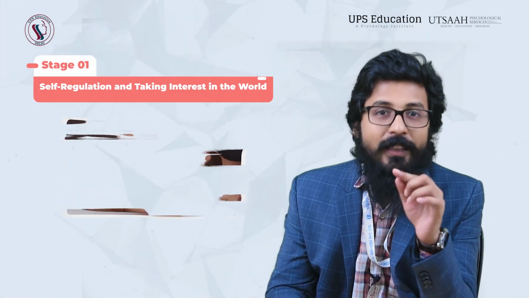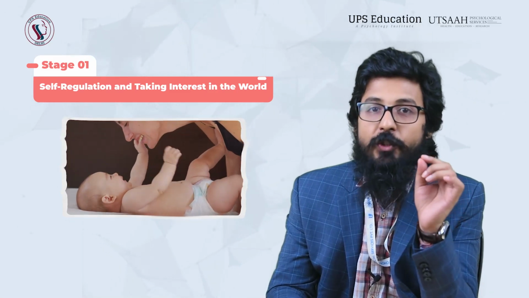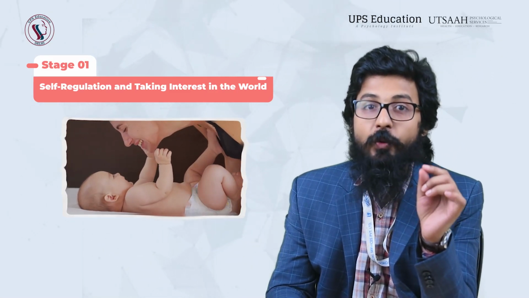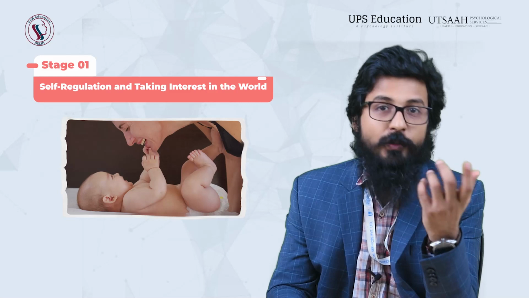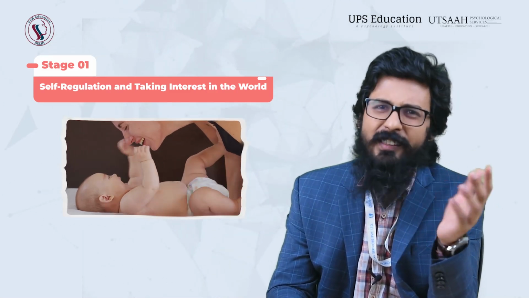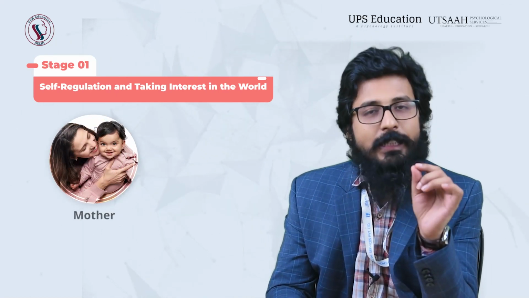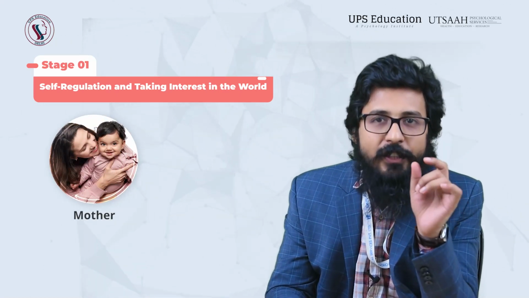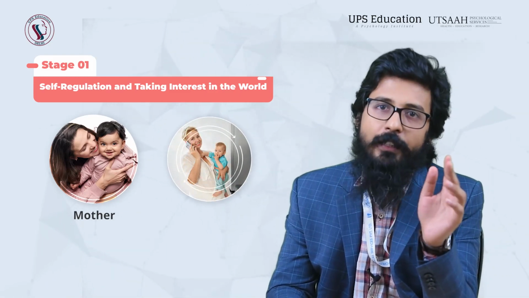So, the mother helps the child to set the tone of self-regulation through a soothing voice, or we can say gentle touch. There are lots of activities that the mother will do. I am using this word mother because Greenspan emphasizes the mother, but in a few texts you can find caretaker.